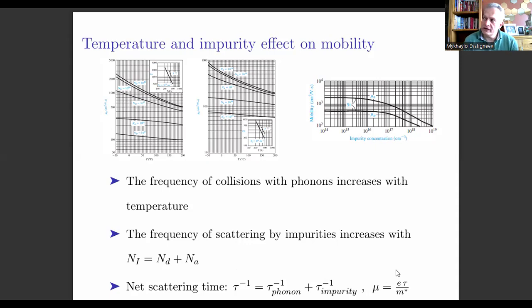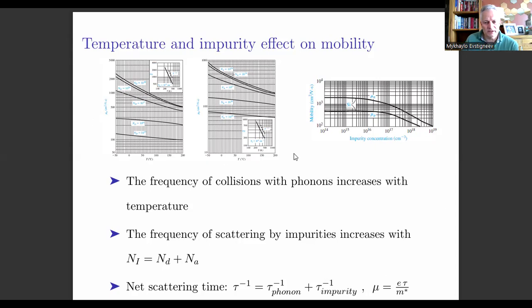So it is not a direct proportionality. The frequency of collisions increases with temperature, but not as the first power of temperature. In silicon, empirically, we know that the frequency of collisions increases with temperature as T to the power 2.2 or 2.3, depending on what kind of charge carriers these are, electrons or holes.